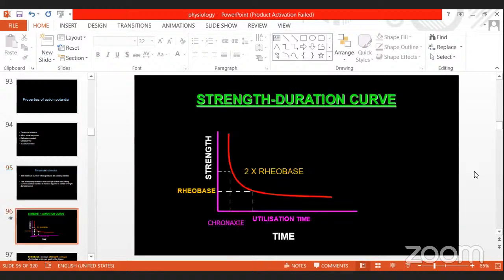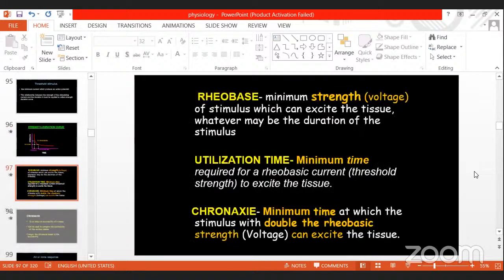There is a strength duration curve we can draw. In that, we have to remember 3 points. Rheobase is the minimum strength of stimulus which can excite the tissue, whatever may be the duration. Rheobase is the minimum current we are giving which is exciting a tissue.